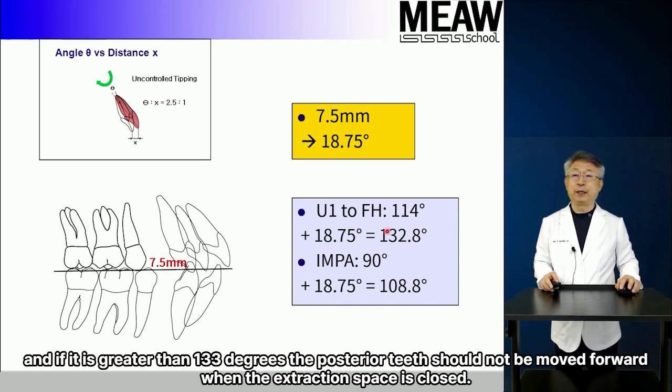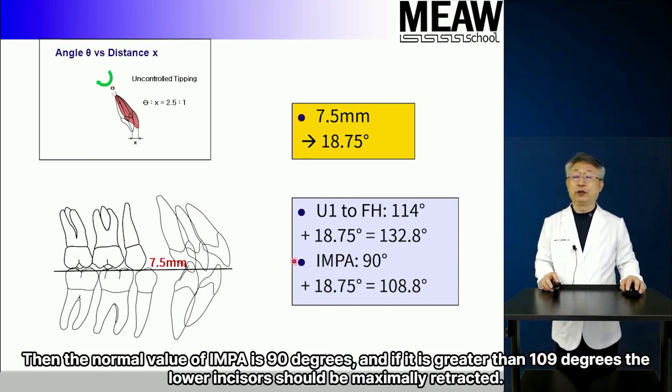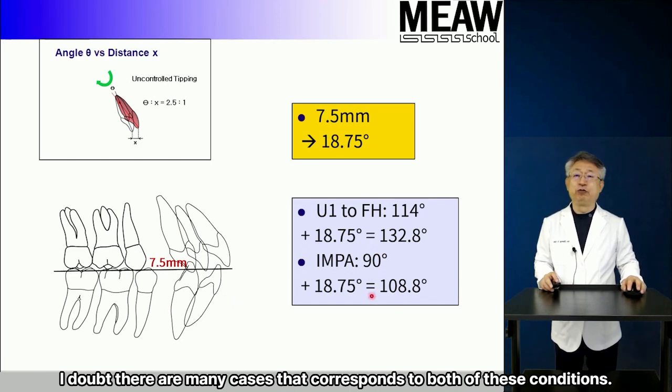And if it is greater than 133 degrees, the posterior teeth should not be moved forward when the extraction space is closed. Even mini-screws might be needed in order to maximally retract the upper incisors. Then the normal value of IMPA is 90 degrees, and if it is greater than 109 degrees, the lower incisors should be maximally retracted. I doubt there are many cases that correspond to both of these conditions.